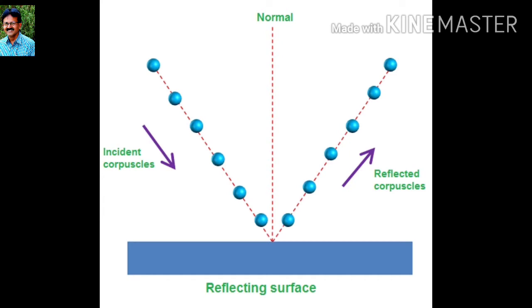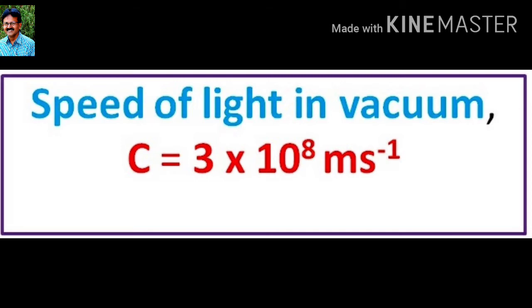After some years, people realized that the speed of light is not enormous but finite, and it is measured. The speed of light in vacuum is 3 × 10^8 meters per second.